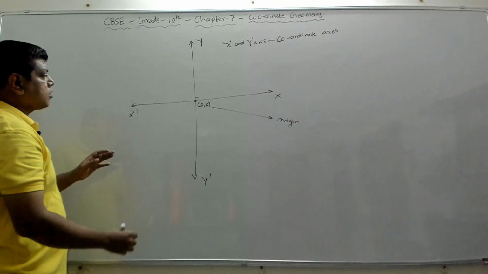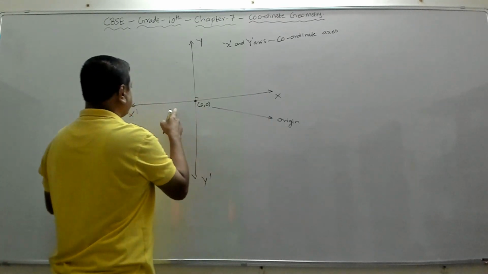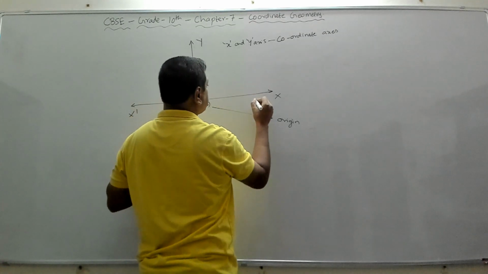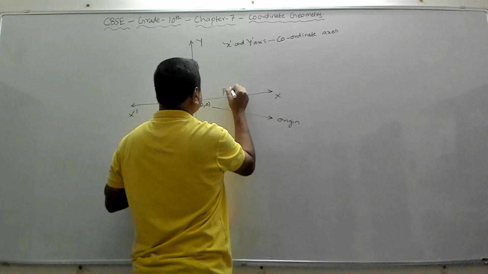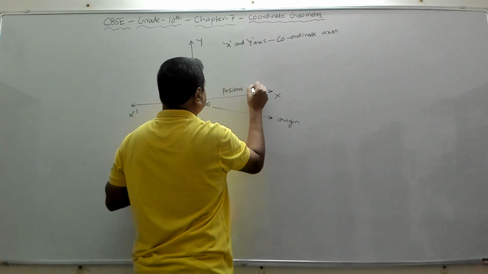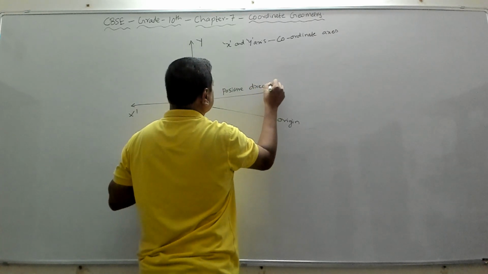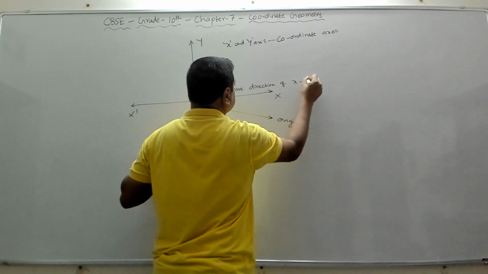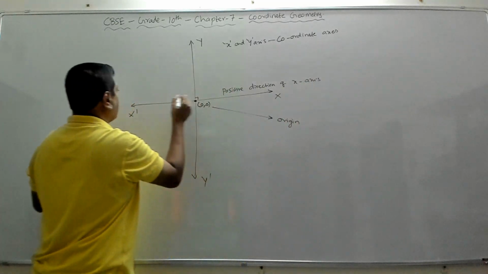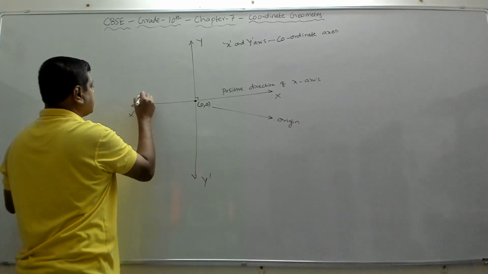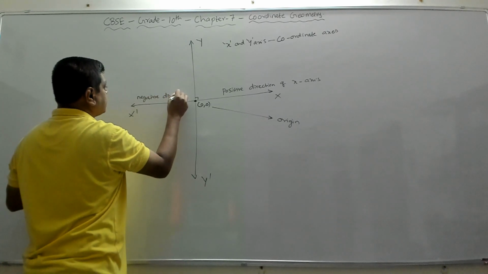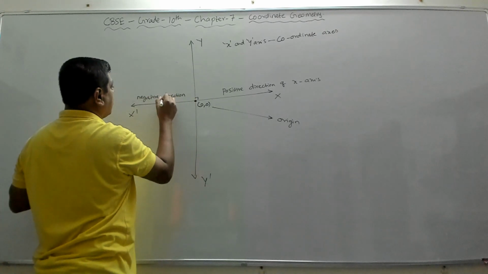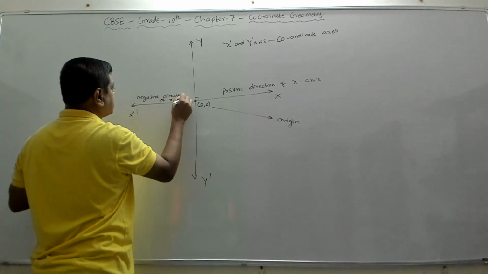Fine. And this is called the positive direction of x-axis, and this is the negative direction of x-axis. So I can write it here, positive direction of x-axis. And this is called negative direction of x-axis.